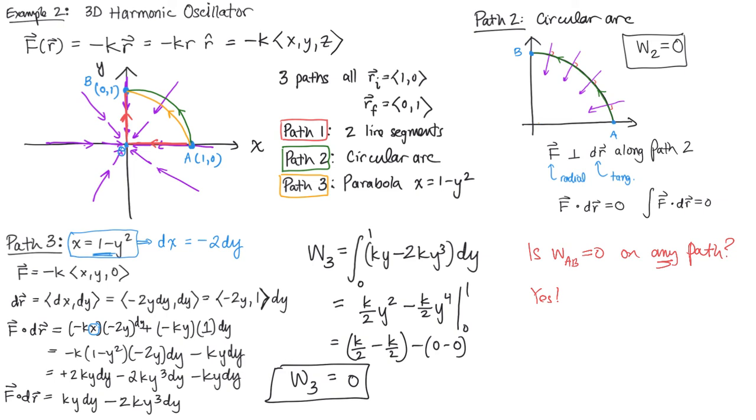And what we'll show in the future is the tool that we can use to determine if work is path independent. We're going to learn that if the curl of the force is 0, then we can make a statement that the work is path independent.